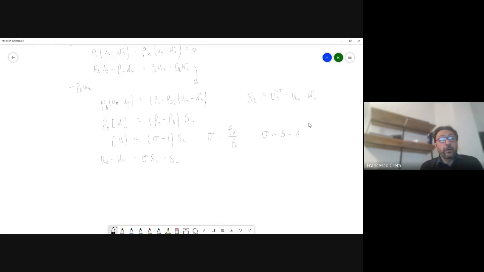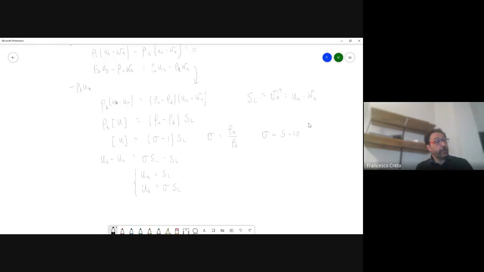And so essentially what this is telling you is that the unburnt velocity in a stationary wave is SL, and the downstream velocity is sigma times SL.